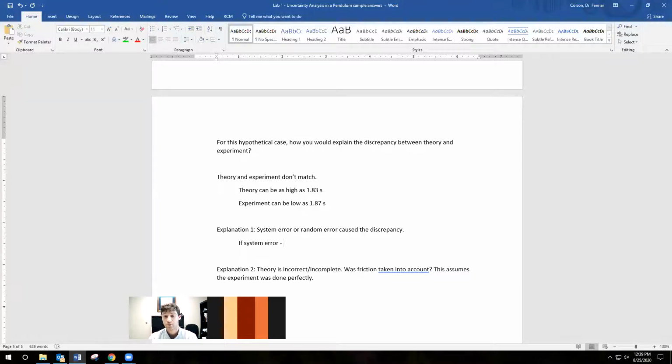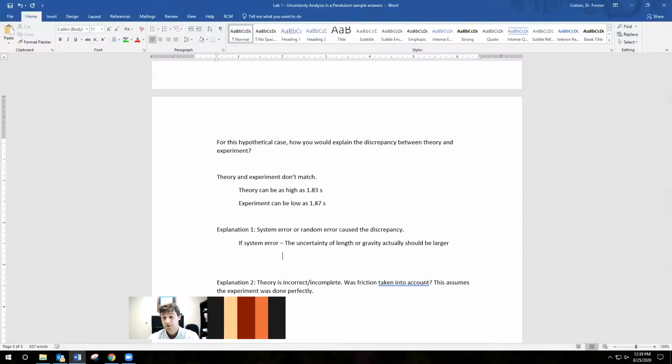Perhaps the uncertainty in the gravity or the uncertainty in the length are actually larger than what you thought they were. So it's an error in your ability to make measurements within the system.